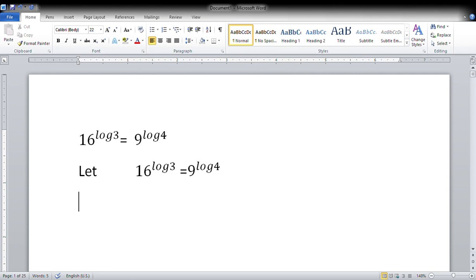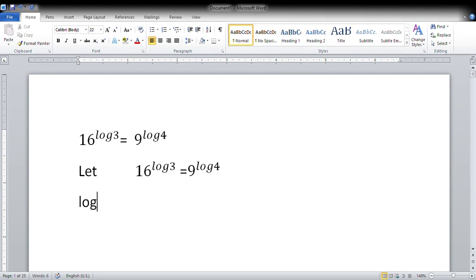We can multiply with the same number on both sides. If we multiply A with the left side, we have to multiply the same number A with the right side also. Because it's a logarithmic problem, we can take log on both sides.